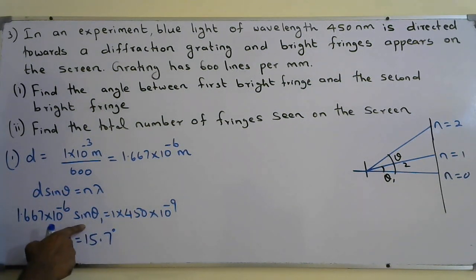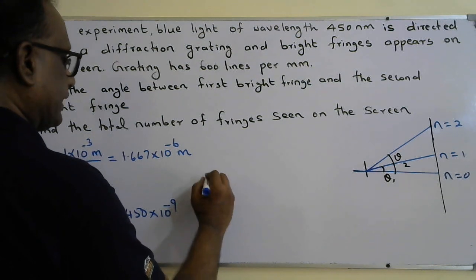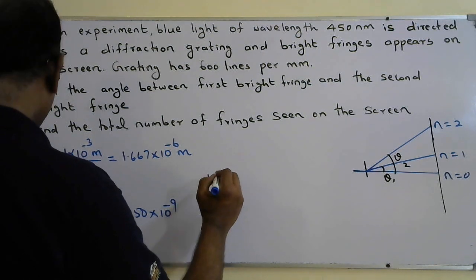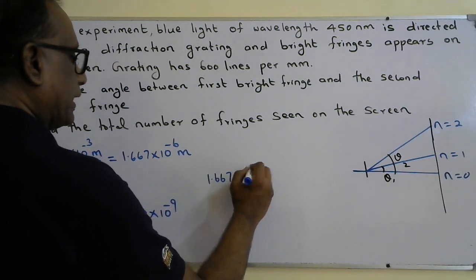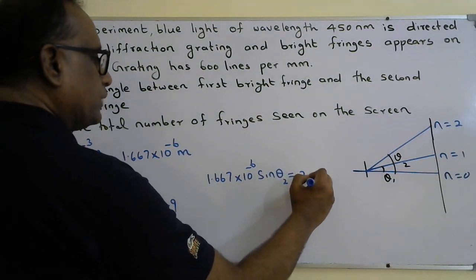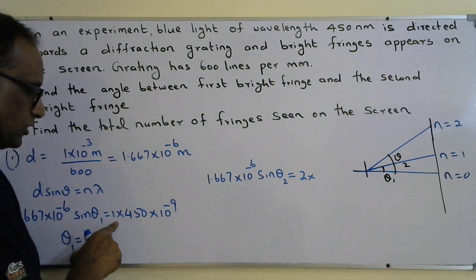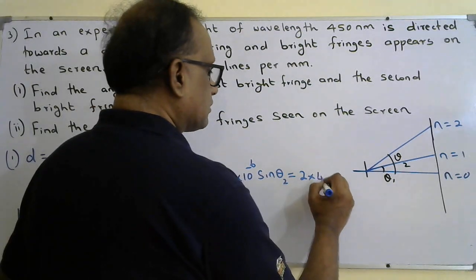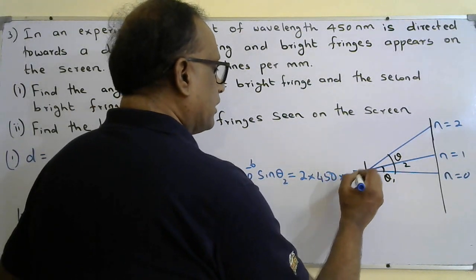Same way we can find theta 2. That is 1.667 times 10 to the power minus 6 sine theta 2 equal to 2, since n equals 2 for the second order, times 450 times 10 to the power minus 9.